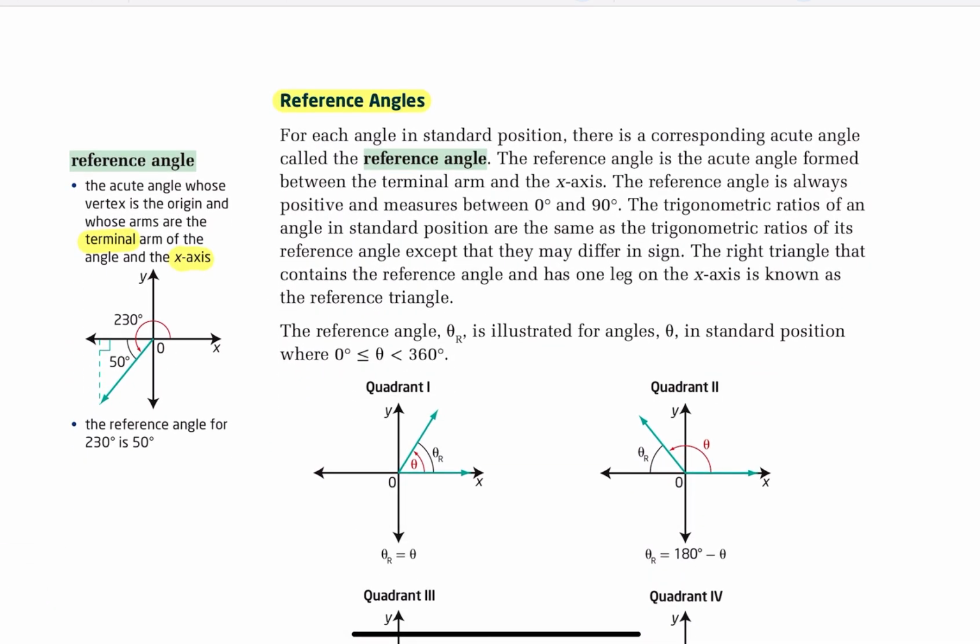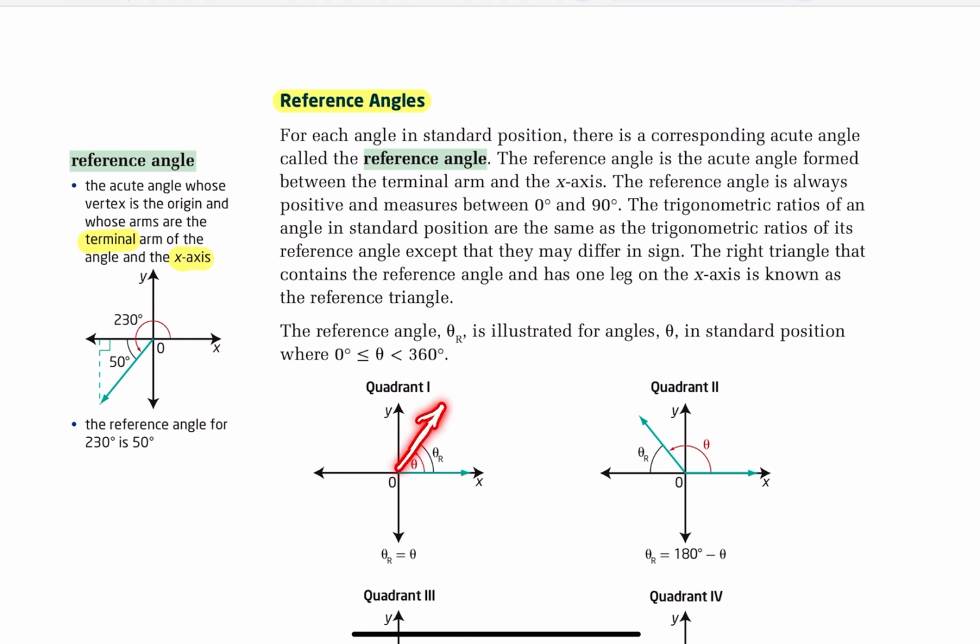Reference angle. This is a very important concept that you need to learn, the reference angle. The reference angle is defined as the acute angle whose vertex is at the origin, and whose arms are the terminal arm of the angle and the x-axis. So if you are given any angle, immediately you look at the end arm, the terminal arm.